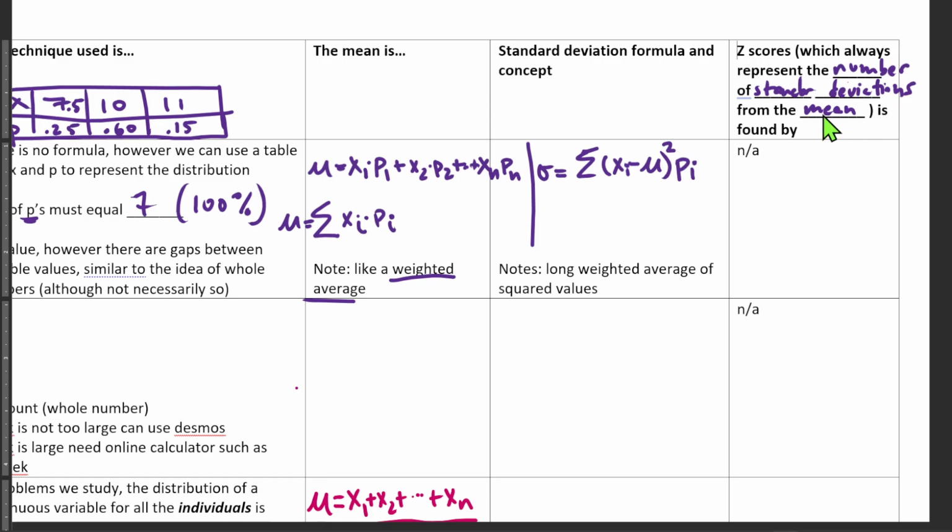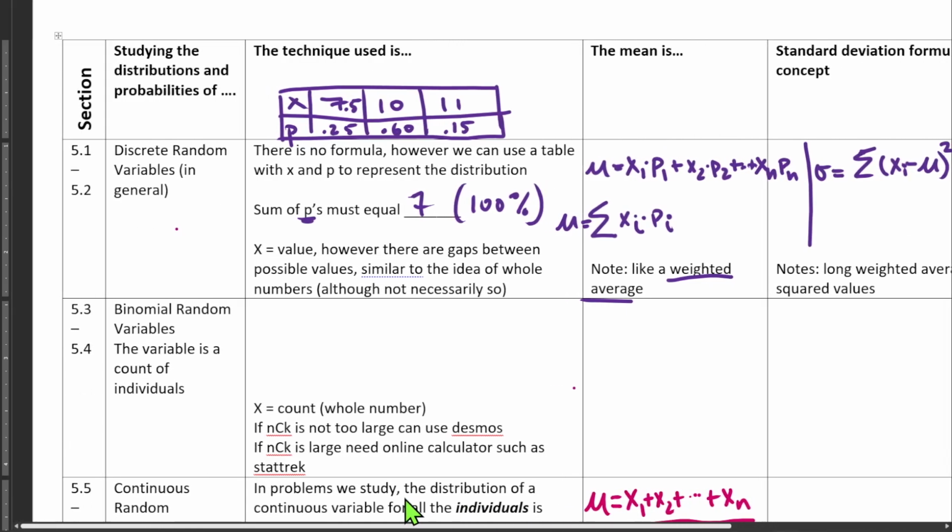And so if some individual has a z-score of 4, well, that's a very large value because there are 4 standard deviations above the mean. Each standard deviation has a certain size, a certain value. And so if you're 4 standard deviations above the mean, you're quite high. Okay.